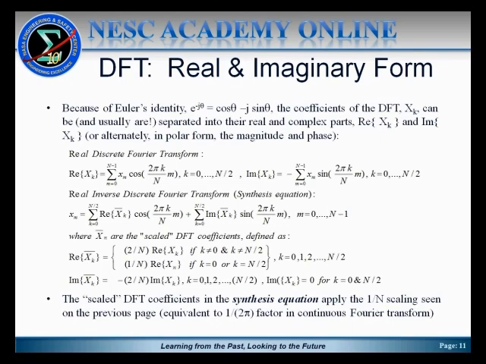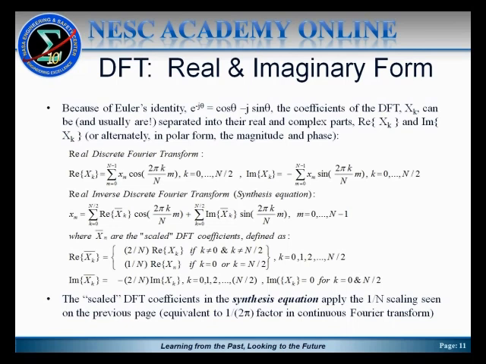That is, there are n over 2 plus 1 real discrete Fourier transform coefficients. The imaginary coefficients are equal to the negative of the summation from m equals 0 to n minus 1 of x sub m, this time times the sine of the basis frequencies 2 pi k over n times m. And again, the k index runs from 0 through n over 2.